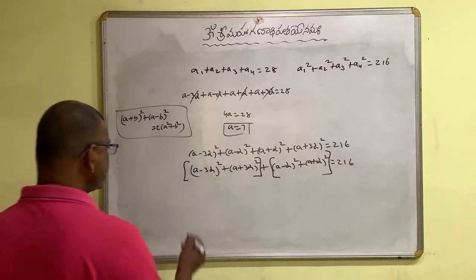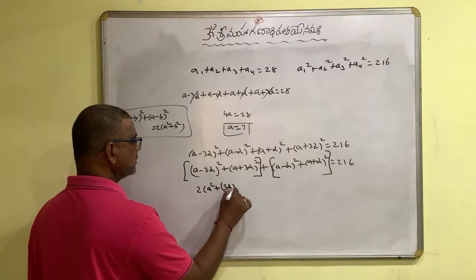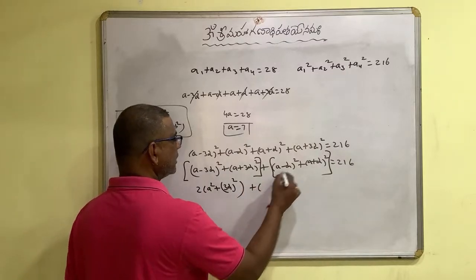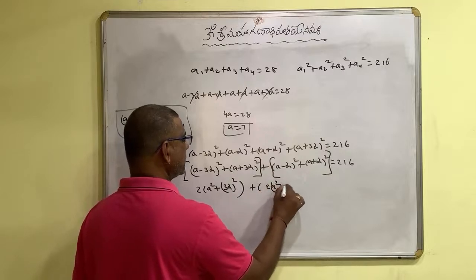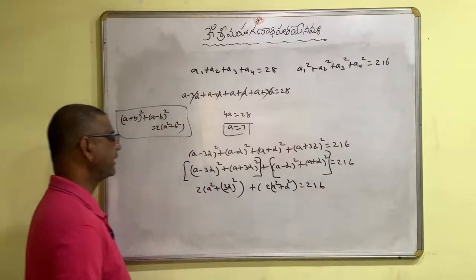So here I can write 2 times of a square plus b square, and here also I can write 2 times of a square plus b square, is equal to 216.